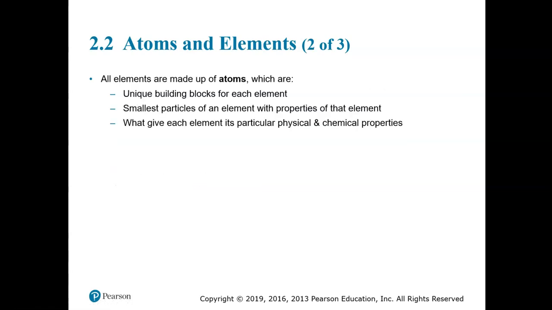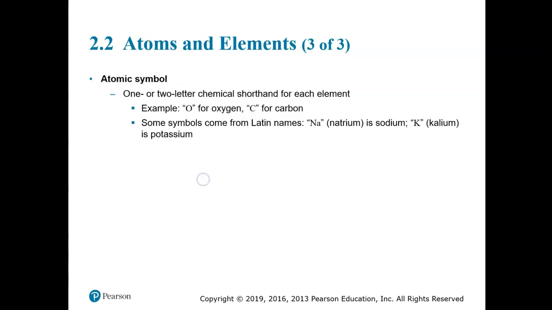Again, elements are made up of atoms, and they're the building blocks for each element and the building blocks for molecules. The atomic symbol that I just mentioned to you, oxygen is O, carbon is C. Some symbols are 2 letters. I think there may even be a few that are 3 letters. In fact, I know there are some of the not as well-known elements.